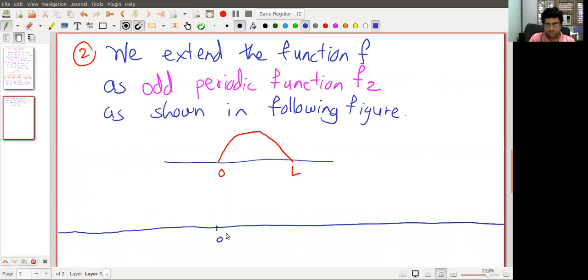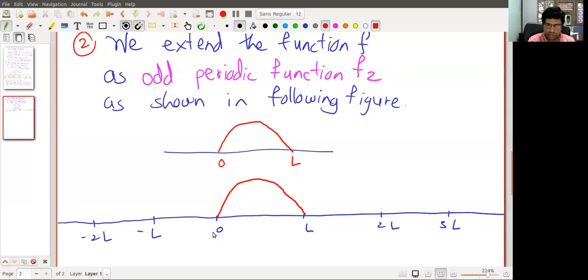This is 0, L, 2L, 3L, and so on. So shape of the curve is same in this interval 0, L. And now we take mirror image of this function in the interval minus L to 0.